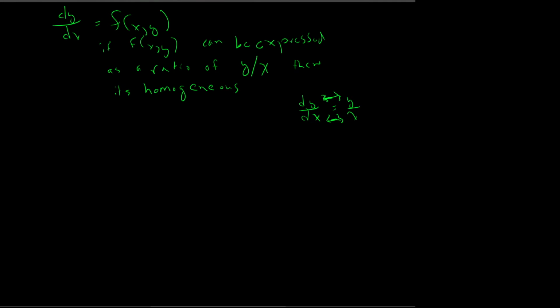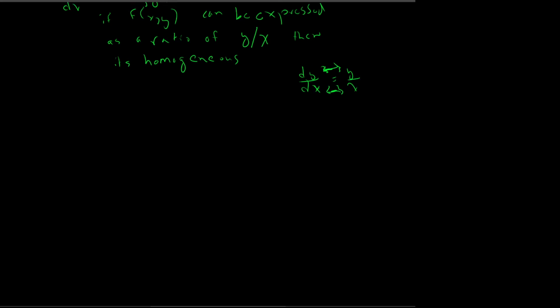All right, so let's look at an example and explore this a little bit. If I have the differential equation (x minus y) dx plus x dy equals 0, I'm going to rewrite this. x dy equals, this is going to be a negative sign, but I'll put it through there like that, right?